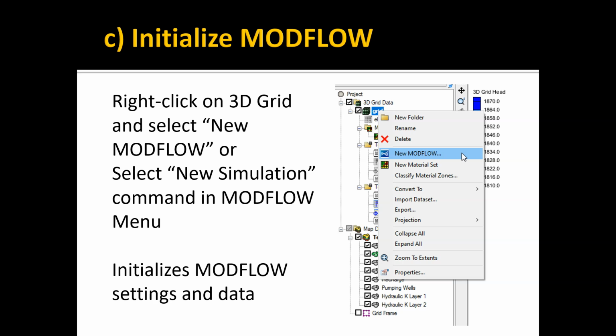By the way, in general, for the optional packages, you don't need to select your packages. They'll automatically be turned on based on the contents of your conceptual model. But you do need to indicate which version of MODFLOW you're using, and a few other general things.